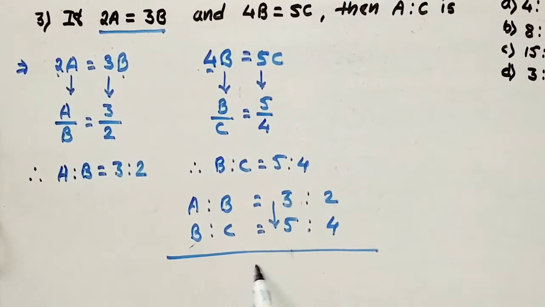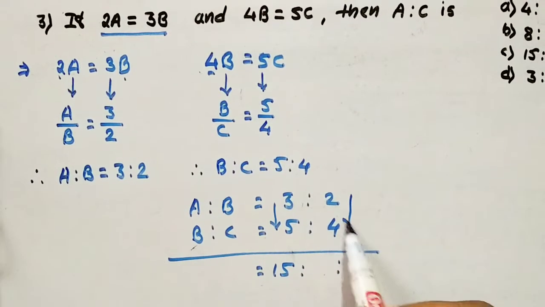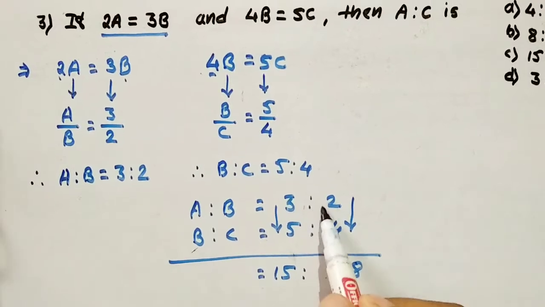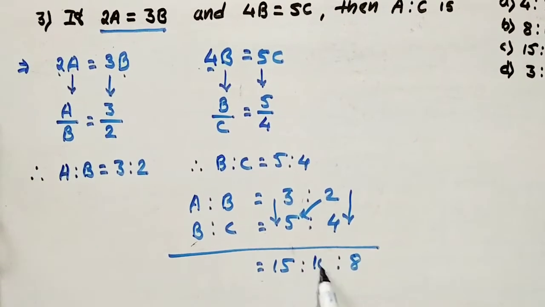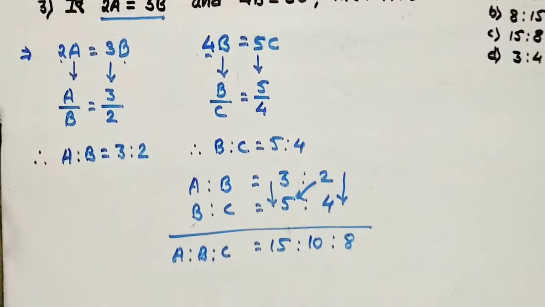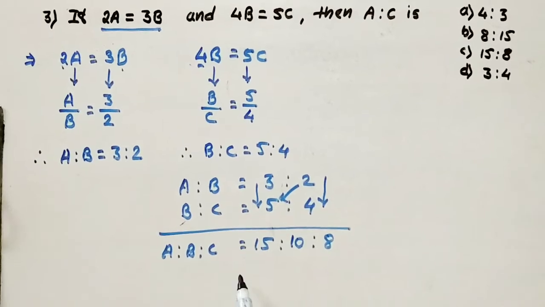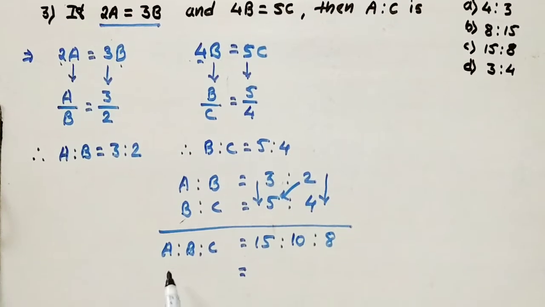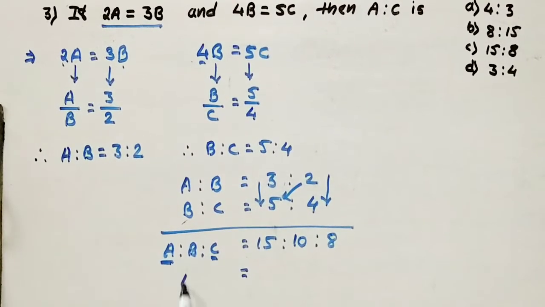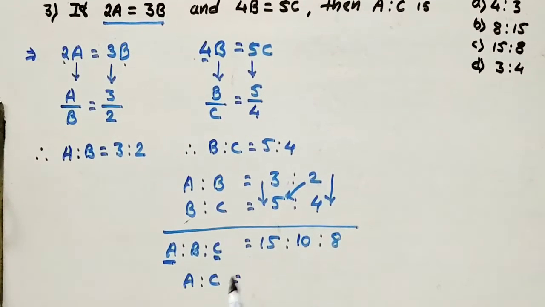5 3s are 15, 4 2s are 8, and 5 2s are 10. So A is to B is equal to 15 is to 10, into 8 is to 8. But we need to find out A is to C. What is the value of A?